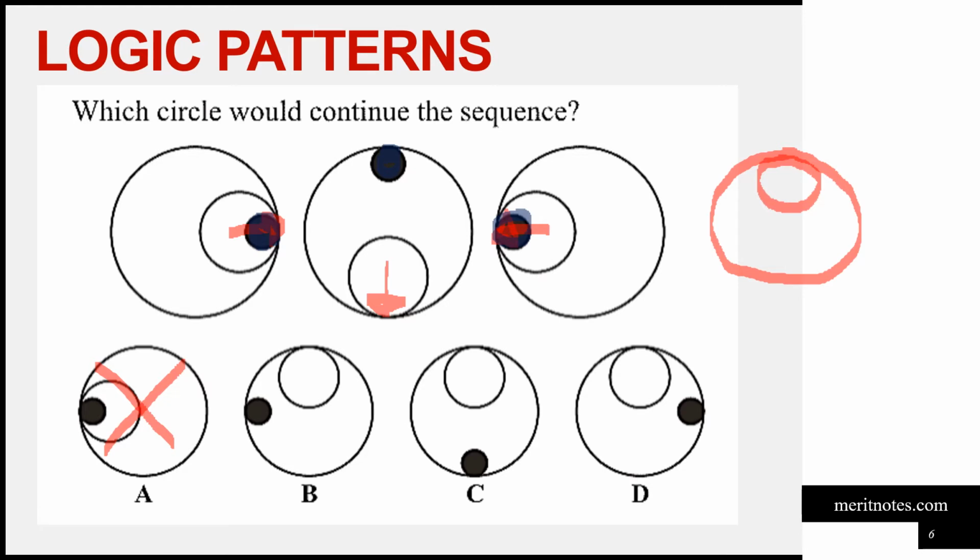Now, if you observe, the shaded circle is moving in a counterclockwise direction. So from here, it goes up, and then it goes down to the left side, or the left part of the circle.